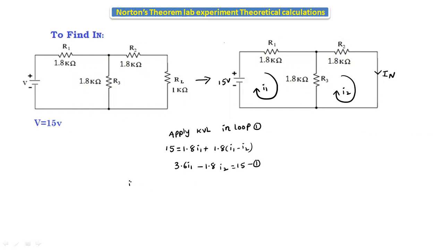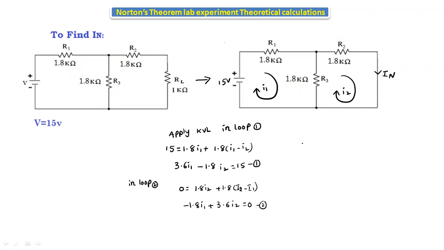Now the same KVL if we apply in loop 2, we will get 0 is equal to 1.8 into I2 plus 1.8 into I2 minus I1. If we simplify this, we will get minus 1.8 into I1 plus 3.6 into I2 is equal to 0. This is equation number 2.